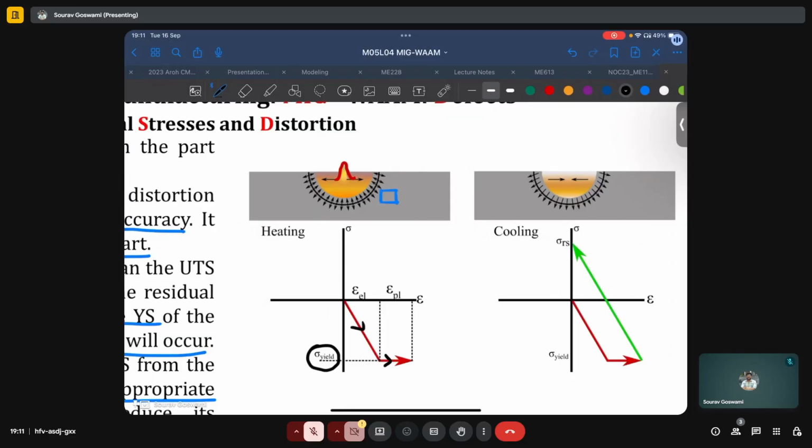Now, when the energy source has moved away and the local material which was initially molten now tries to solidify, metal when solidifying tends to contract. And with this contraction, it will also try to pull the surrounding material with it. Now, the surrounding material will experience a tensile force, which is shown here.